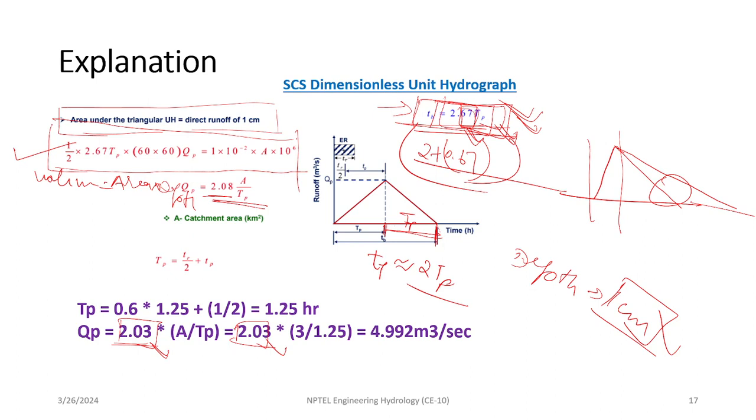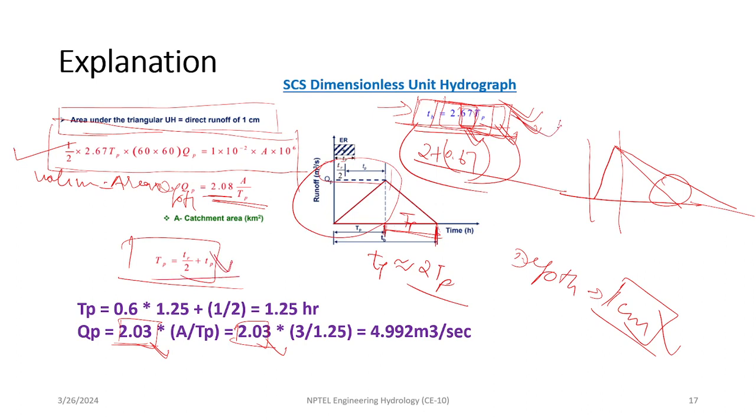So small TP is equal to 2.67 capital TP. And then capital TP is equal to TR by 2 plus TP. This is a geometrical relation. TP is just TR by 2 plus TP, that is the summation of this. So you already got this simple equation.